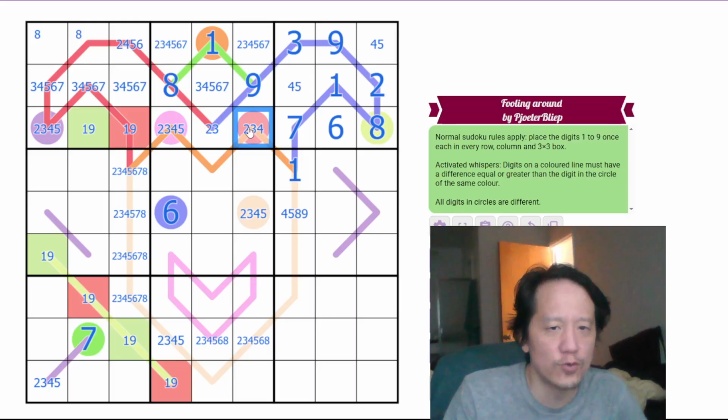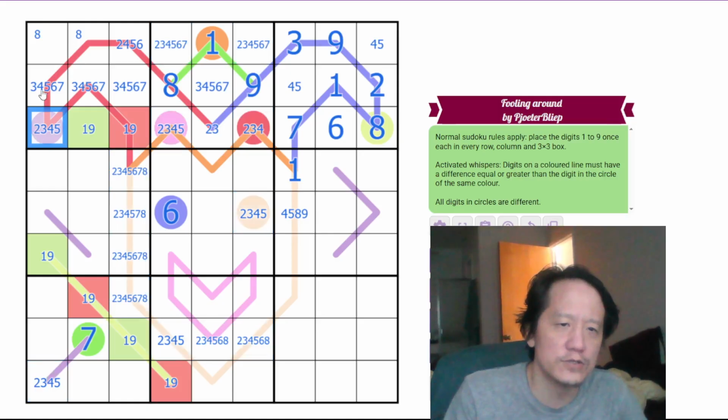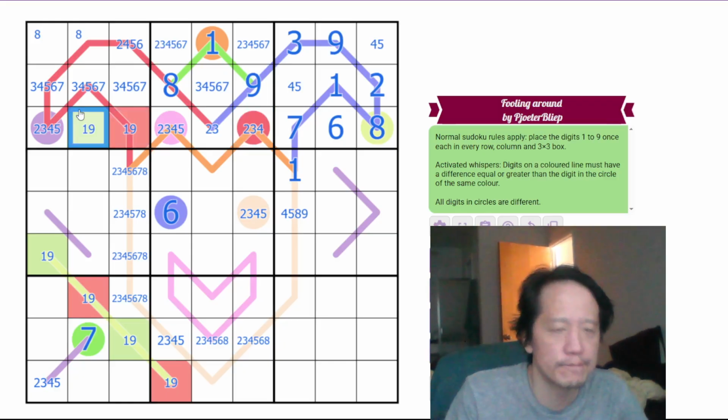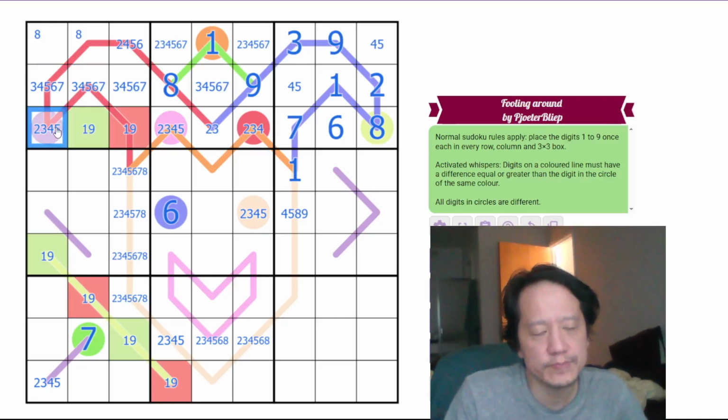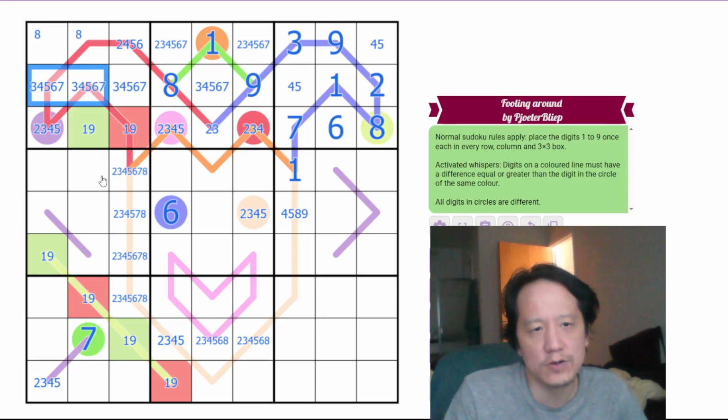So can this be 4? If this were 4, then this would have to be, again, 2 with 6 and 7, because no other combination works here. 5 can't be with any of them. The only way 5 could work is if this is a 3-7 pair and this is a difference of 2. That's possible. But if this is Dutch whisper, this has to be 2 and 6, 7 here.